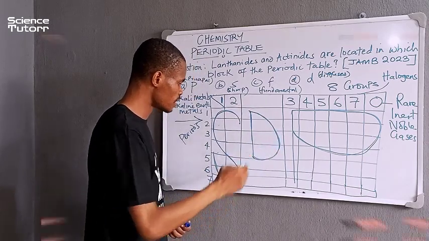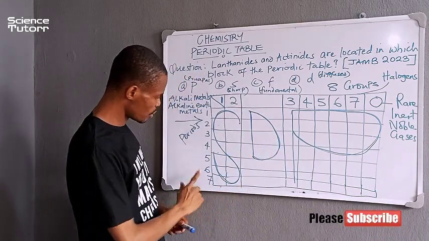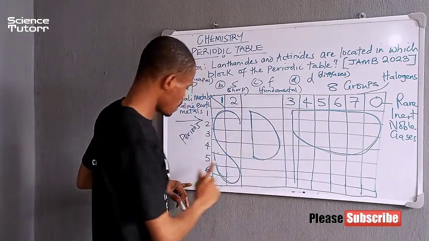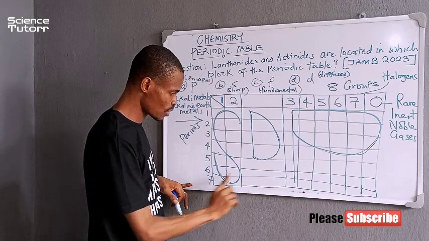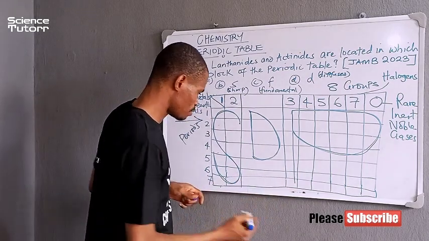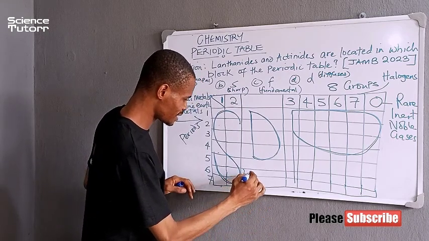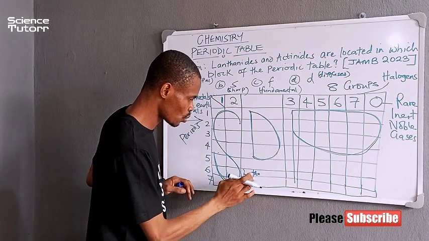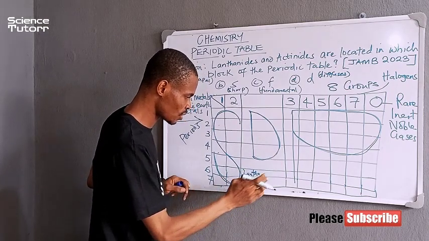And then moving along period 6 and 7, still between group 2 and group 3, we have special categories of elements that begin from the lanthanides. We call them the lanthanides and actinide series. They are also known as the inner transition elements.